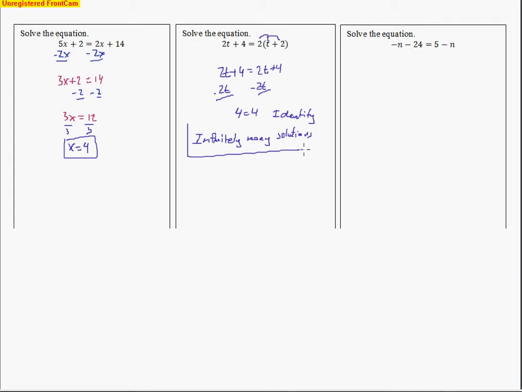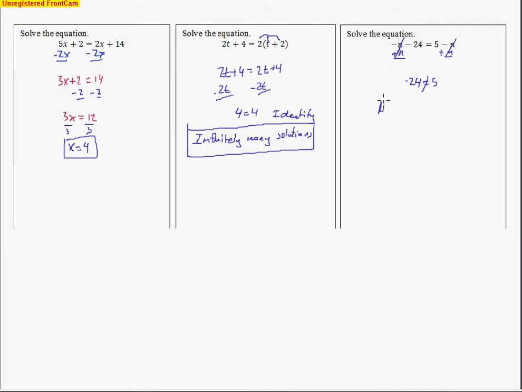So let's take a look at the next one. On this one, we go ahead and solve. At this stage, you can actually see what the answer is. Whenever you have the same term on both sides, like here I have a negative n and a negative n there, they're going to cancel out because I'm going to do an opposite operation. Same thing over here, so I'm left with two numbers, but this time they do not equal. When they do not equal, it's not an identity, but I don't have an answer either.